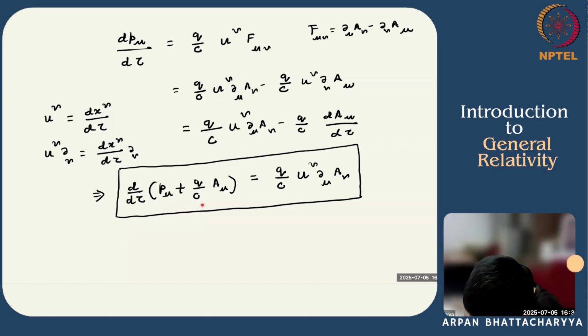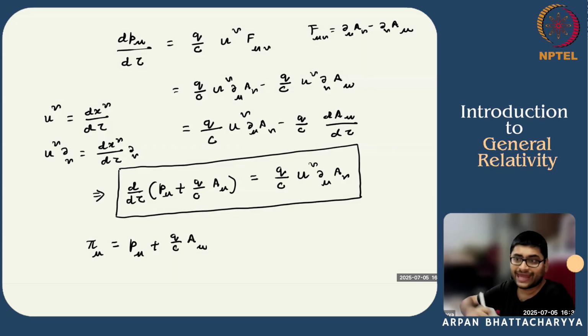And this thing, p mu plus q by c A mu, we write it as pi mu, and this pi mu we call the canonical momentum.